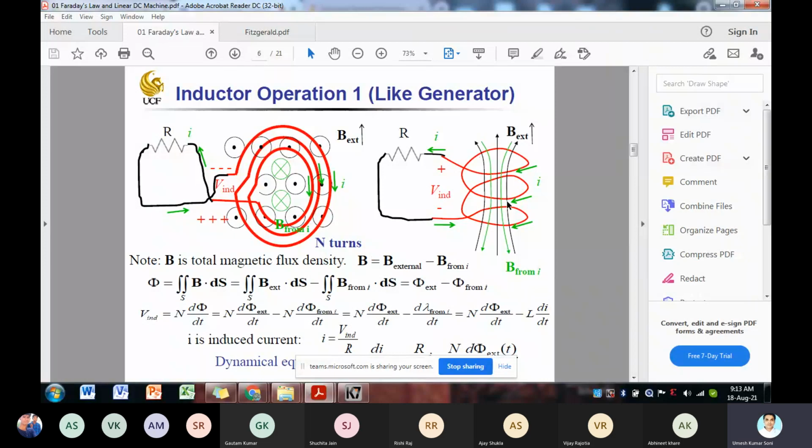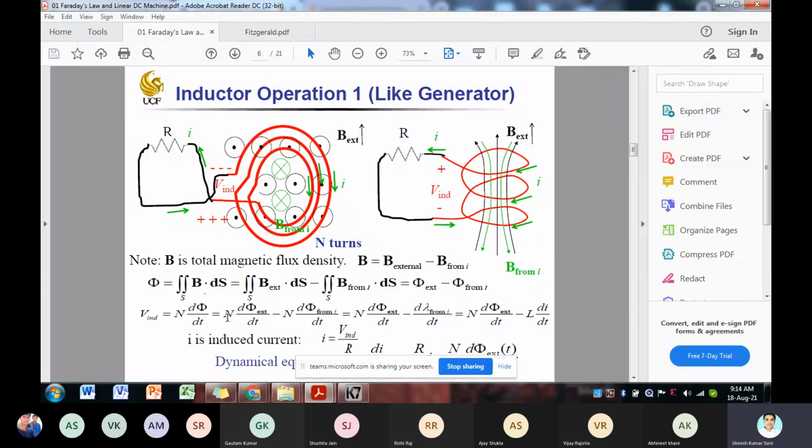Okay, so here you can see that the net magnetic flux density B is equal to B external minus B from I, and this will be equal to the difference of the external flux minus the flux by the coil.